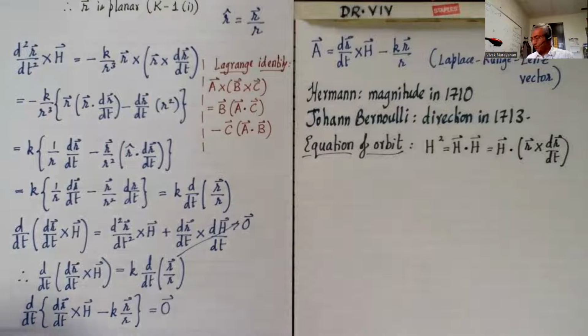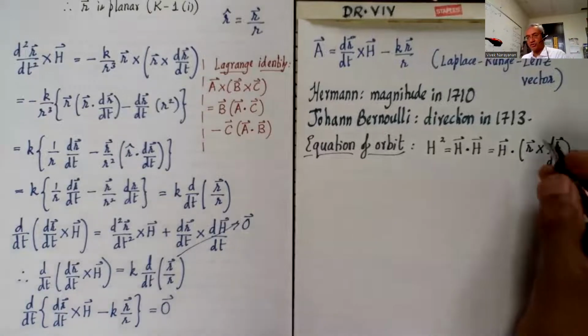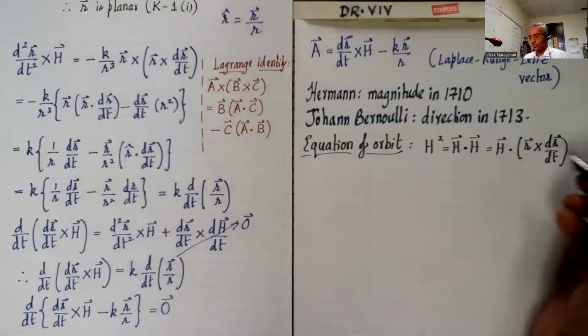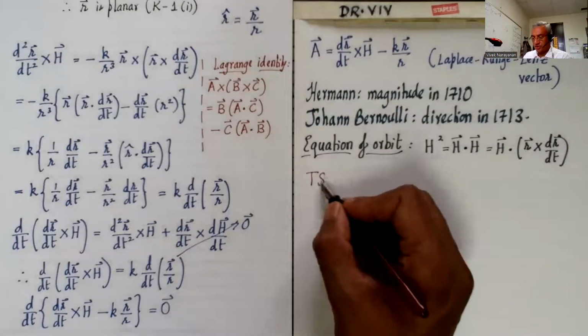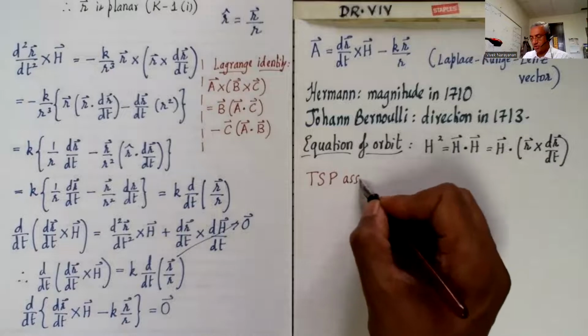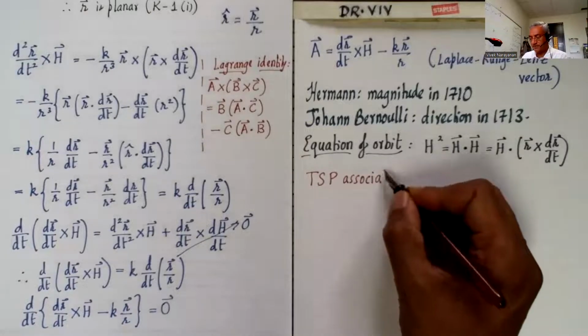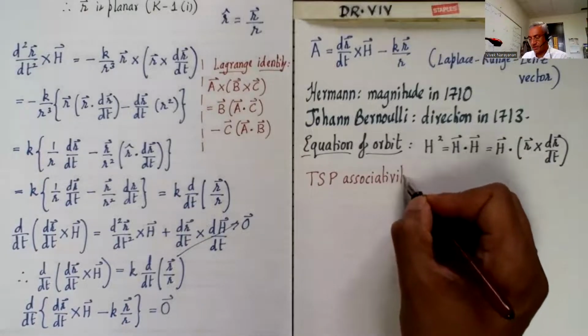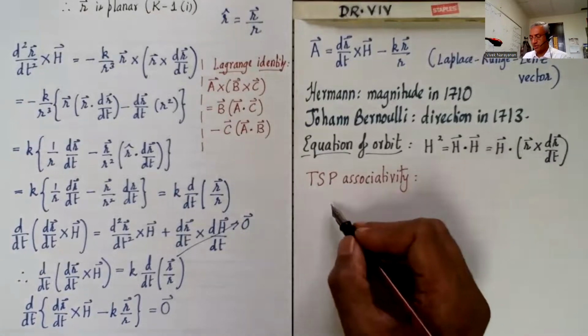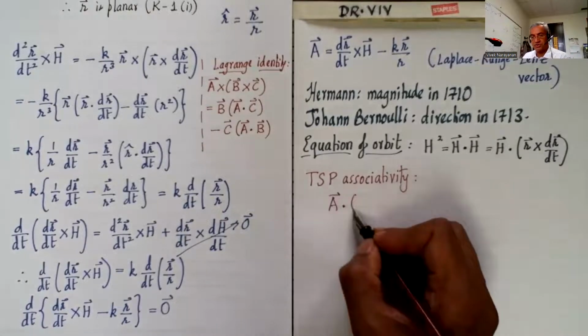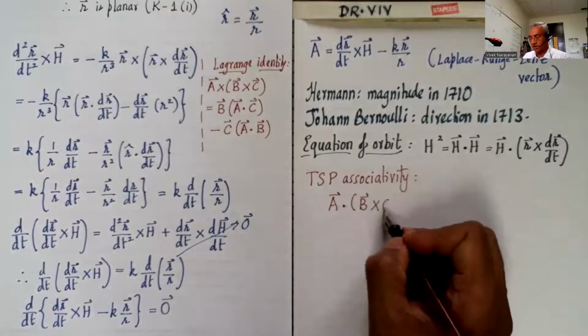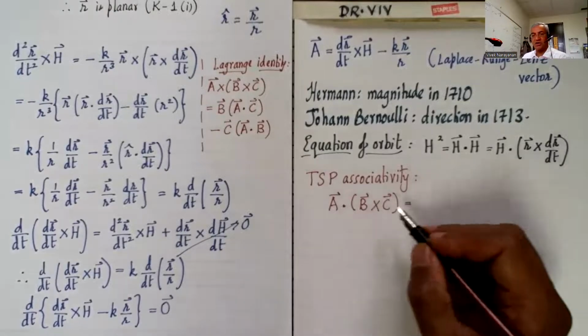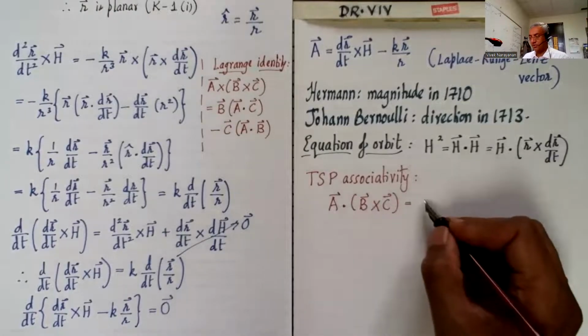Now, there is a very famous property of the triple scalar product. This is called the triple scalar product because it's got a dot product and a cross product together. So the triple scalar product has got an important property known as associativity. It says the following: if I have A dot B cross C, then I can interchange cyclically the order of these things.